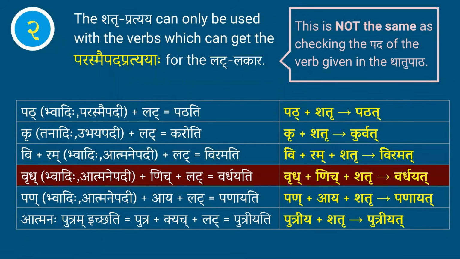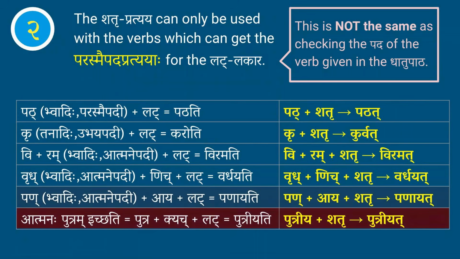As another example, Pana Dhatu is Atmanepadi, but for the Lat Lakara, it always accepts the Aya Pratyaya and can only exhibit the Parasmai Pada forms, thus also making it possible to get the Shatru Pratyaya.